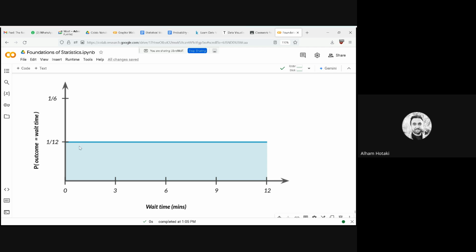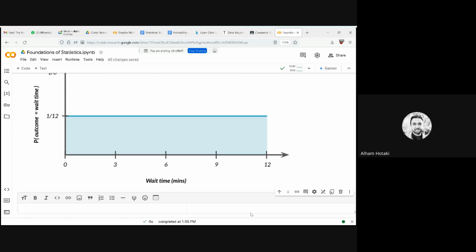So the probability of waiting for each minute is 1 by 12. But what is the difference from the other ones? That you're continuously waiting, each minute, until 12 minutes pass in order to get the bus.